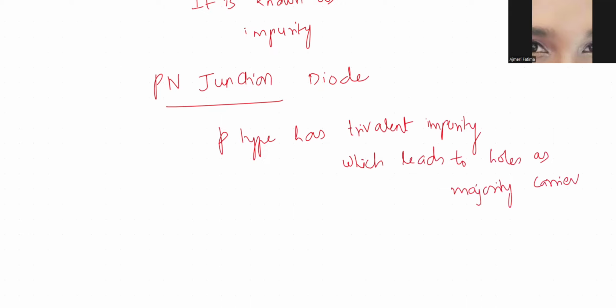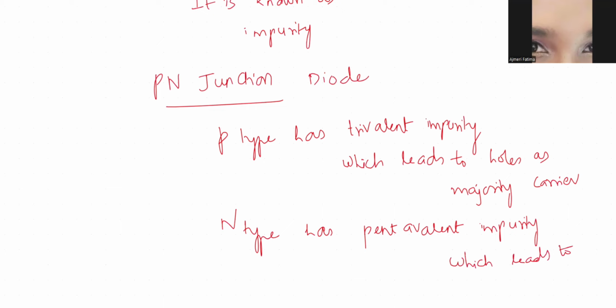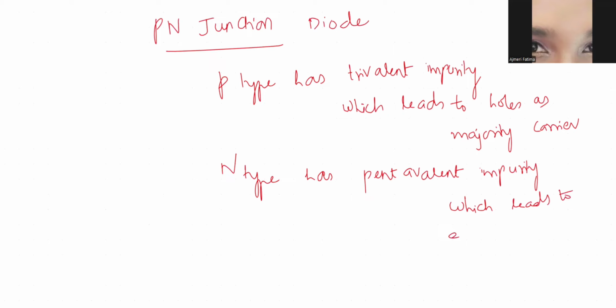N type has pentavalent impurity, which leads to electrons.